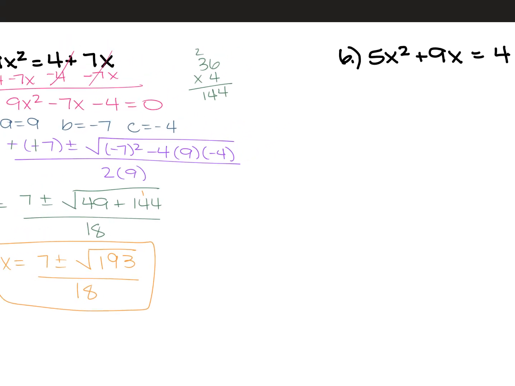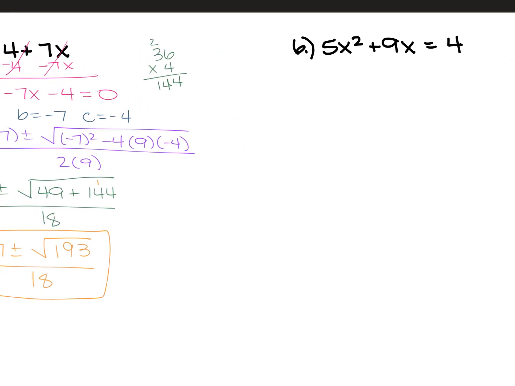For number 6, you have 5x squared plus 9x is equal to 4. We're going to move the 4 over first. We'll subtract it from both sides. That gives us 5x squared plus 9x minus 4 is equal to 0.